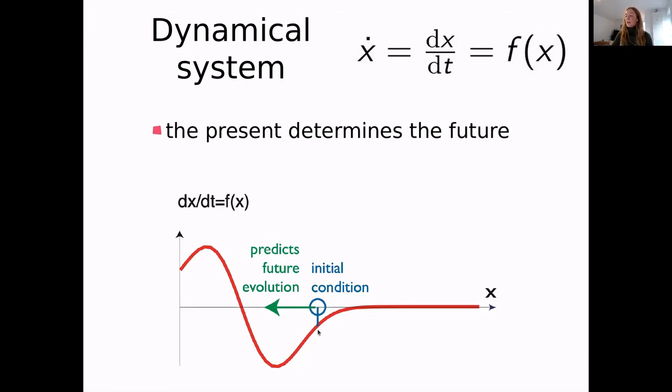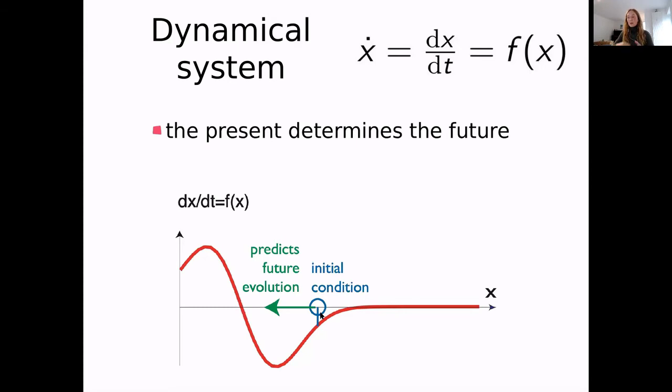So here the derivative is negative, maybe a small negative value. So we know that in the future the state will be driven towards negative values. So this is what the green arrow indicates.